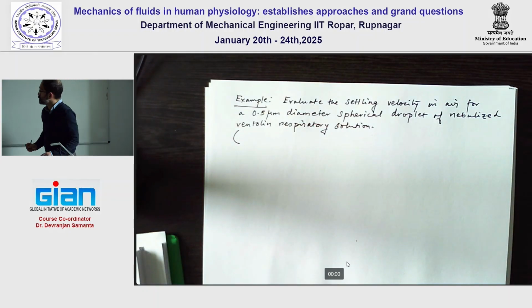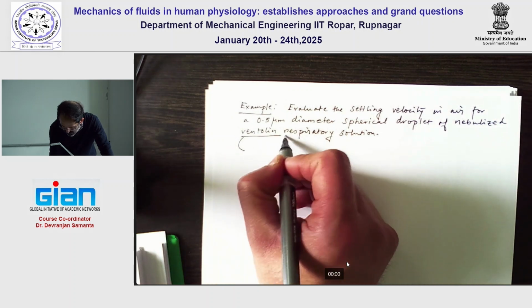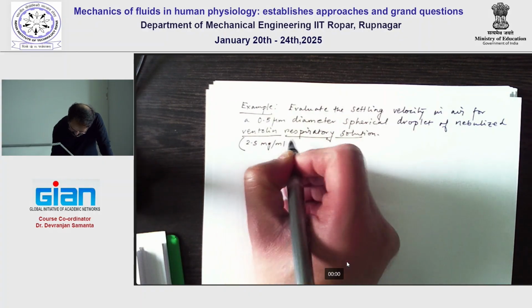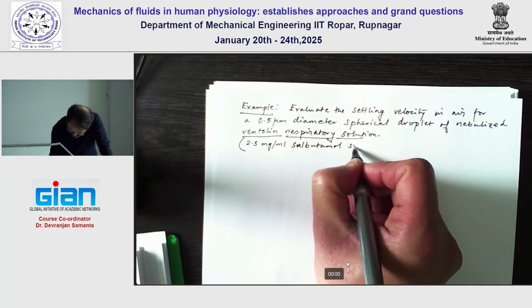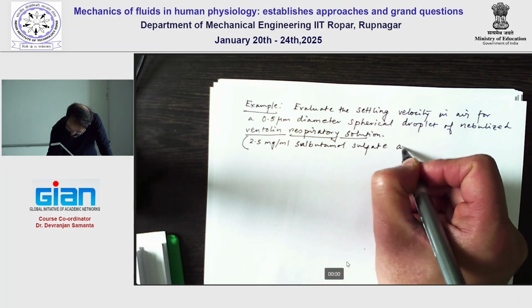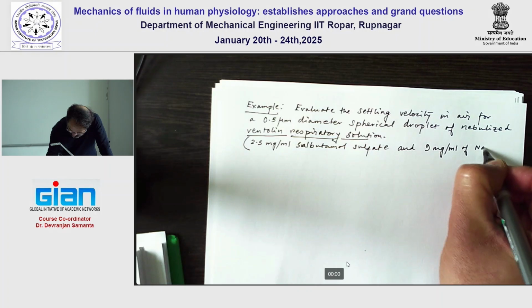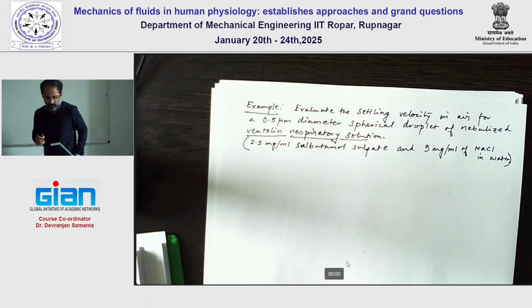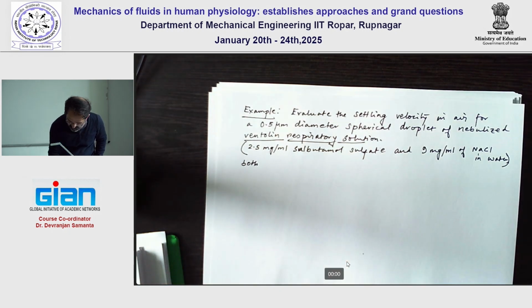Just for our knowledge, let me write down what this compound formulation is: 2.5 milligram per ml of salbutamol sulfate and 9 milligram per ml of sodium chloride in water. So calculate the settling velocity in air for this sized particle, both with and without this Cunningham slip correction factor.